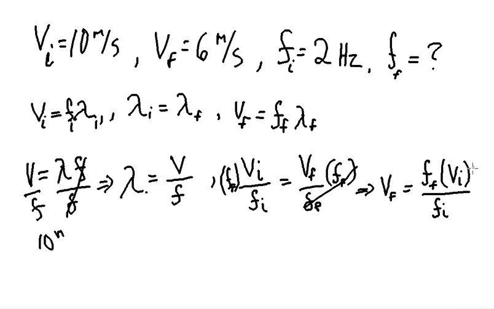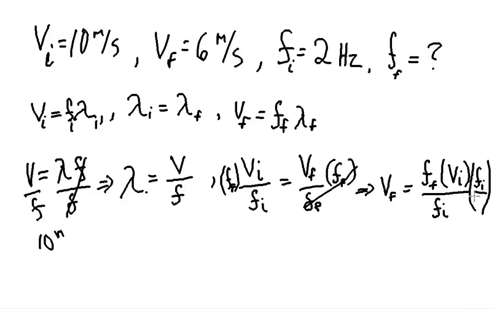Okay, so we could make this 2 more steps, but let's condense some space and time, make it into 1. I'm trying to get rid of this whole thing right here: initial velocity divided by initial frequency. So I could divide by this first and then multiply this later, or I could just do it all in one step. So up top, I'm going to write what I'm trying to get rid of, the initial frequency.